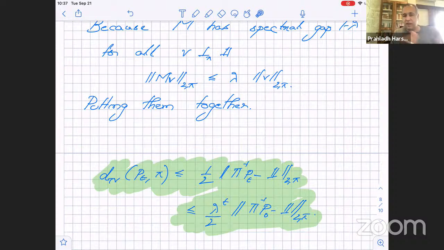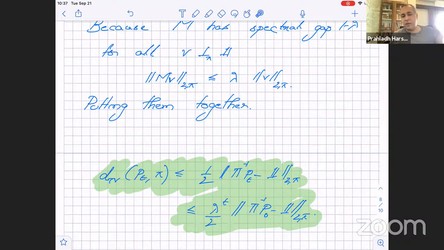It's going close to 0 as t becomes larger and larger. And that says the total variation distance is going to 0 as t goes to infinity. And that's exactly what we wanted. We wanted p_t to converge to π. So as long as lambda is bounded away from 1, this quantity is going to 0 as t goes to infinity.